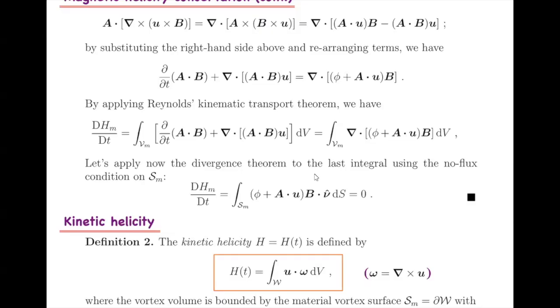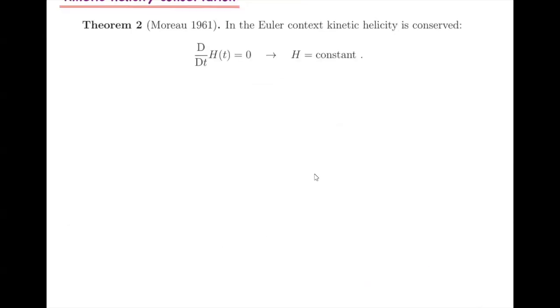Before, we used Faraday's equation. In this case, we use Euler equations, ideal fluid. This was done by Moreau, 1961. You notice one is 1958, Woltjer, and Moreau, 61. Woltjer published the paper in PNAS, Proceedings of the National Academy of Sciences, USA, and Moreau in the Comptes Rendus de l'Académie des Sciences de Paris, which is the equivalent for the United States proceedings.